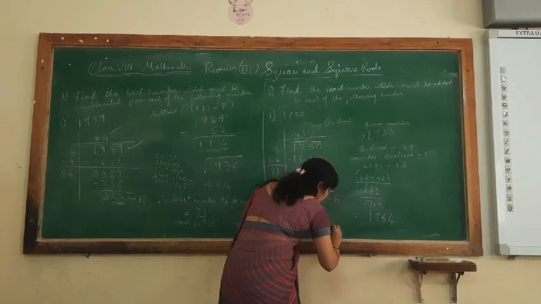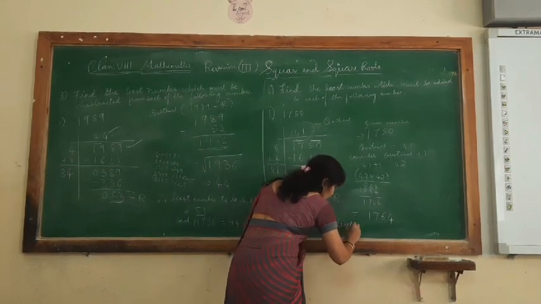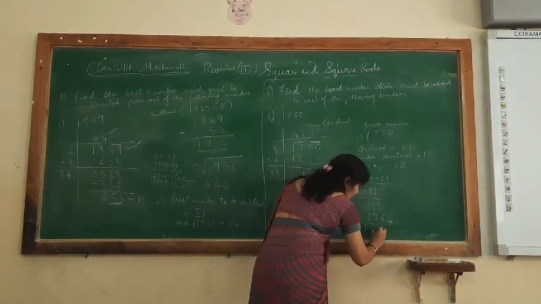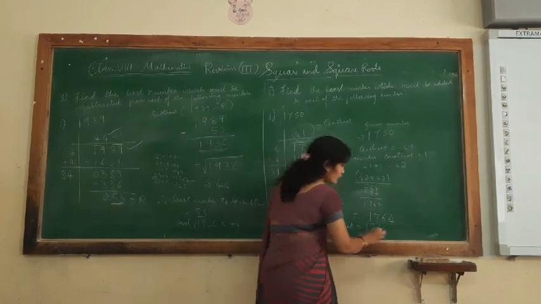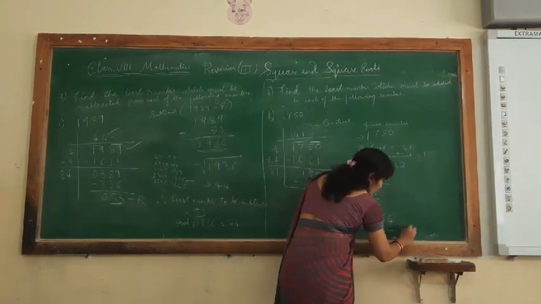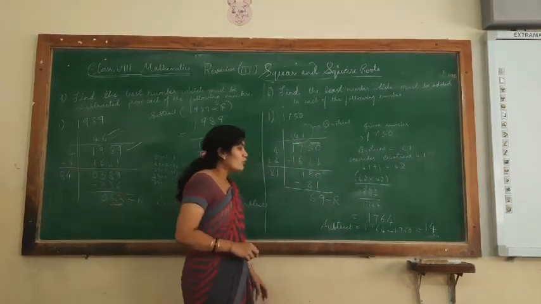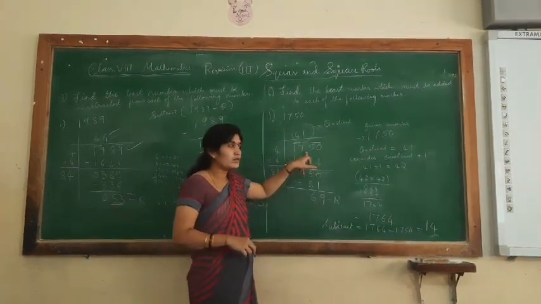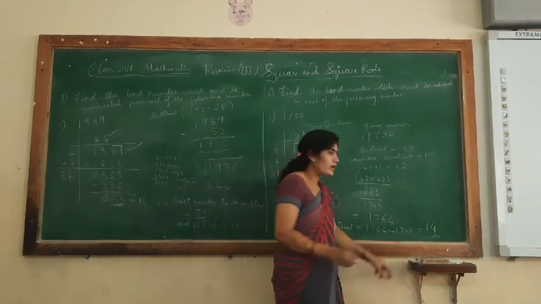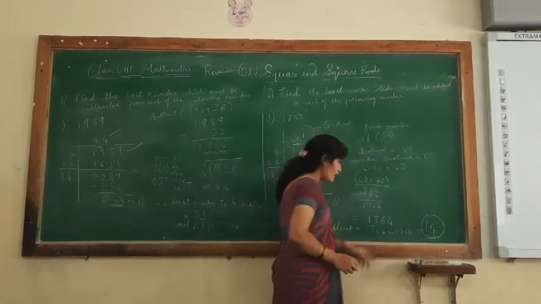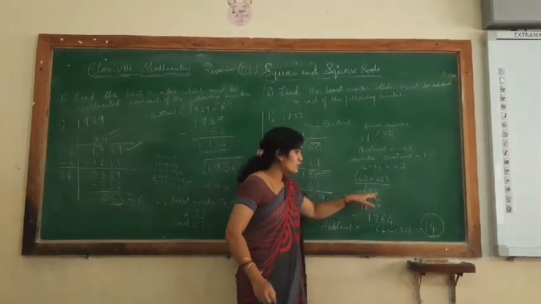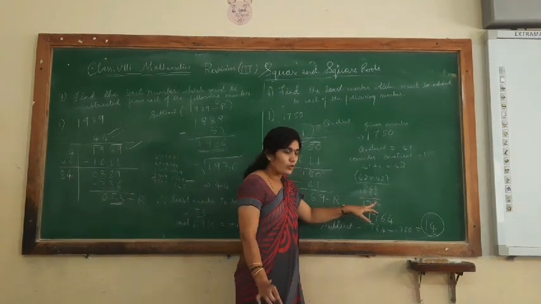1764 minus 1750. You will get 14. So what should be added to this number? The 14 should be added to make it a perfect square, because 42 squared is 1764. We know that.